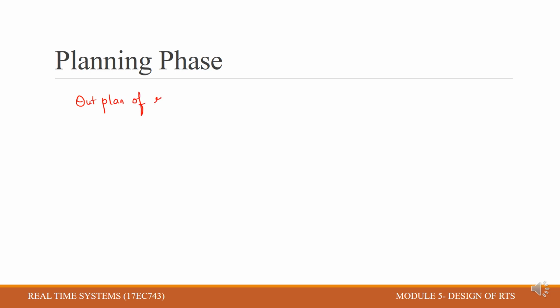First, we need to make a resource plan, which includes people, time, cost, and equipment. What equipment is needed in order to complete the design of the real-time system?